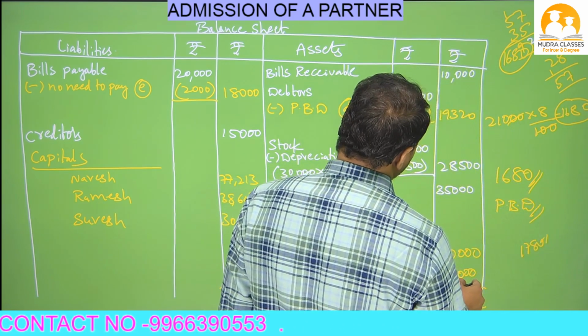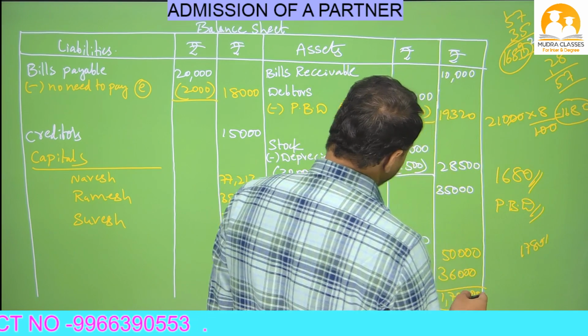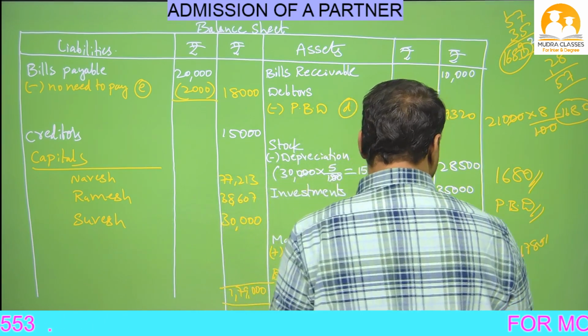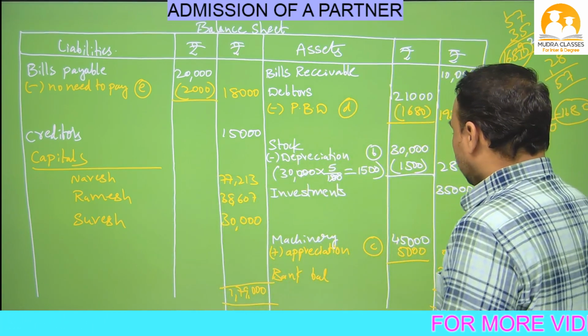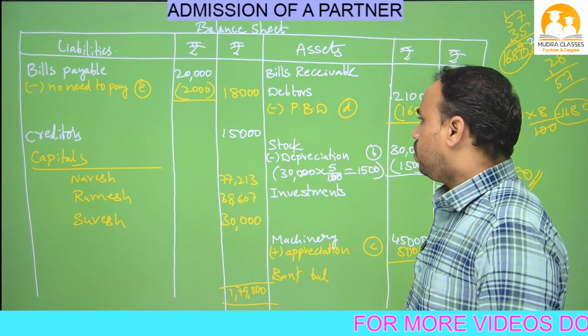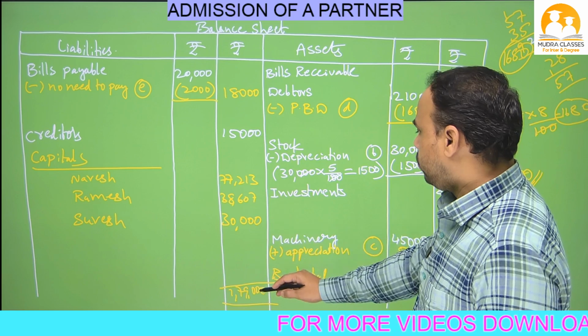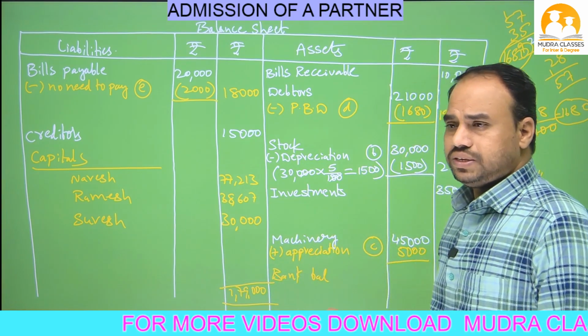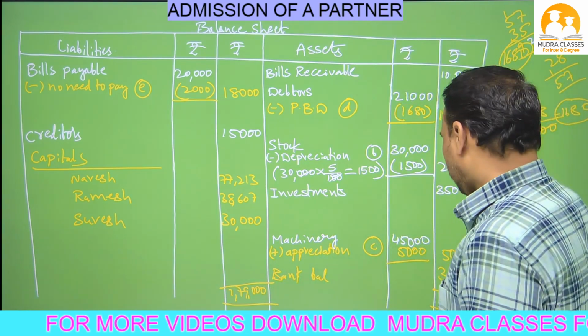So now you do the total, we got 1,79,000. Like this we have to do the total. Simply if you do the asset side total, we got the same answer, and the liability side also we got the same answer, so this is correct.